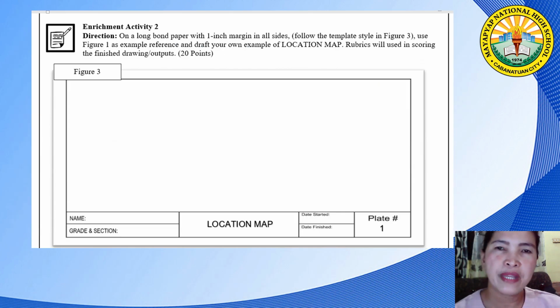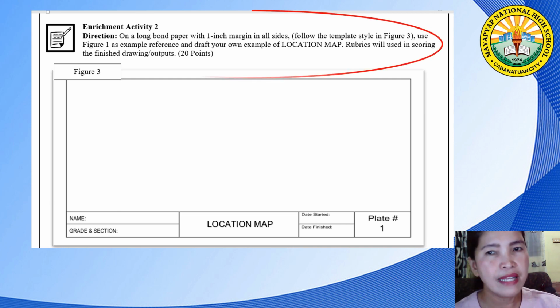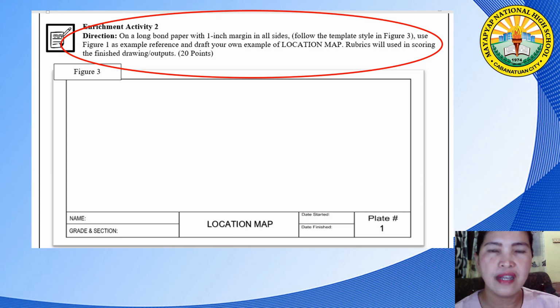And for enrichment activity number 2, on a long bond paper with 1-inch margin in all sides, follow template style in figure 3, use figure 1 as an example reference and drop your own example of location map. Rubrics will be used in scoring the finished product or output.